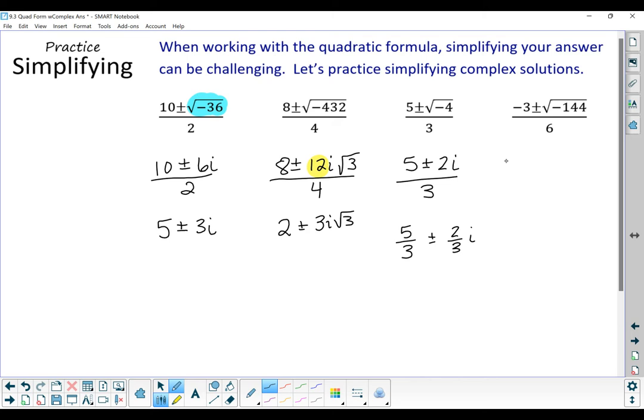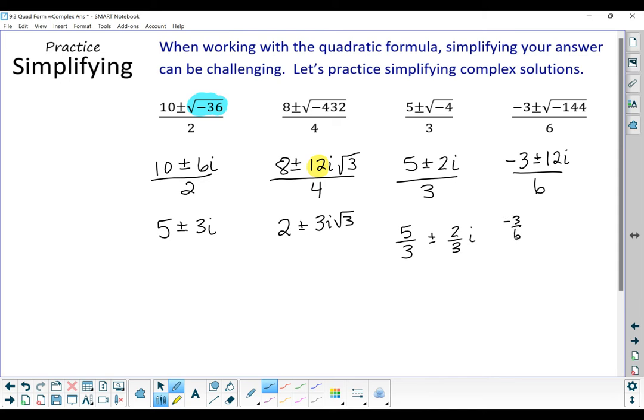Okay, so here we have our last one. It's negative 3 plus or minus the square root of negative 144. Well, the square root of 144 is 12, so this is 12i. Now, in this case, the 6 and the 12 are definitely nicely divisible, but the 3 and the 6 are not. So I'm going to think about separating it into my two parts.